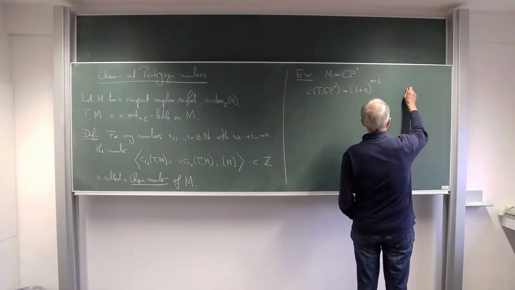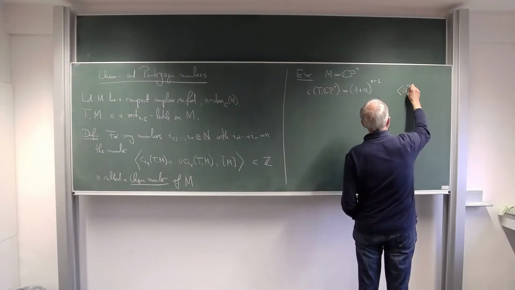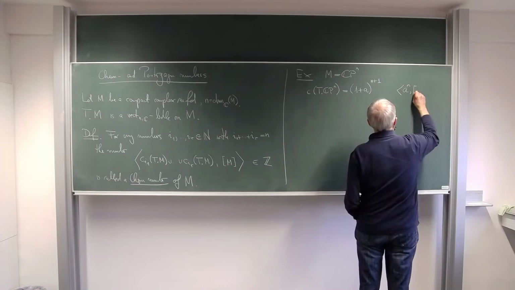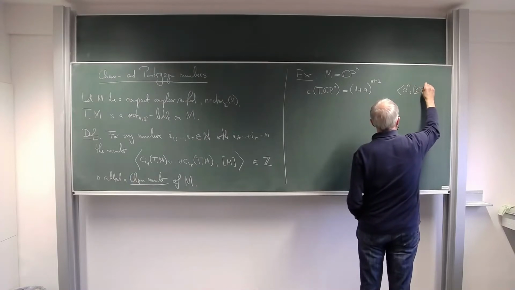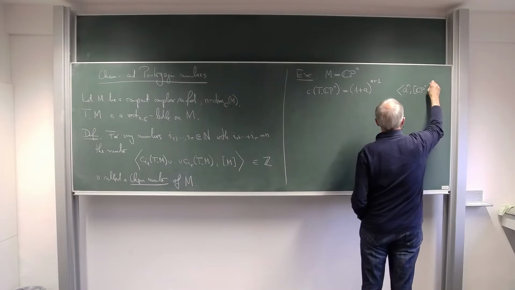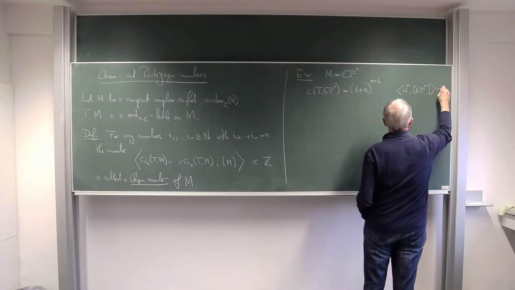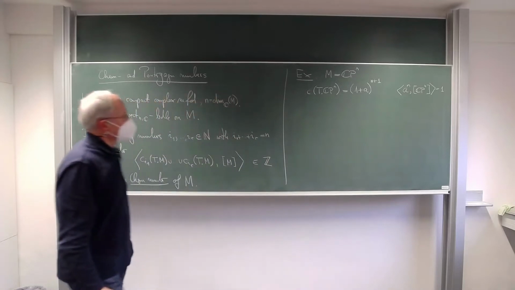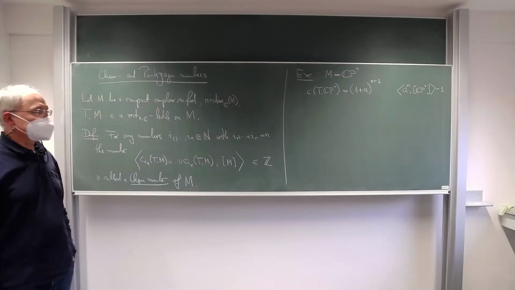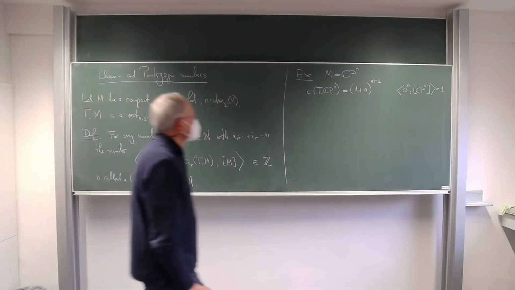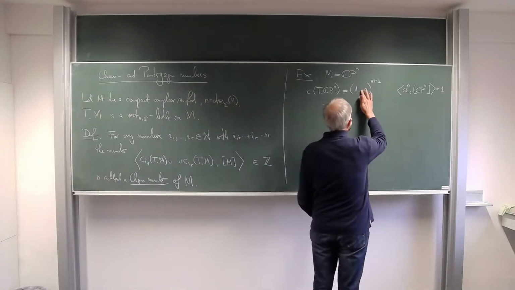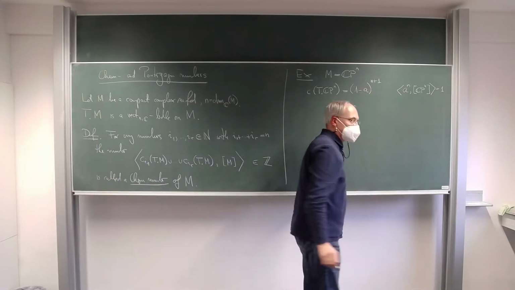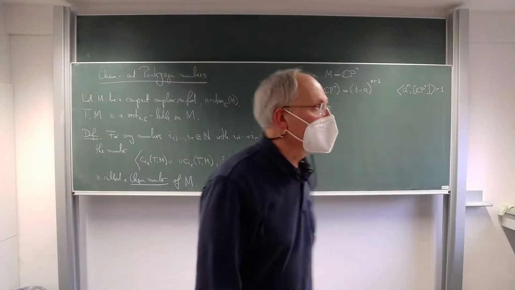So I want to make the convention such that if I evaluate a^n against the fundamental cycle, I get plus 1. Of course, in the case that n is even, this makes no difference. So if we use the convention with a minus, that's also fine. Doesn't matter really.